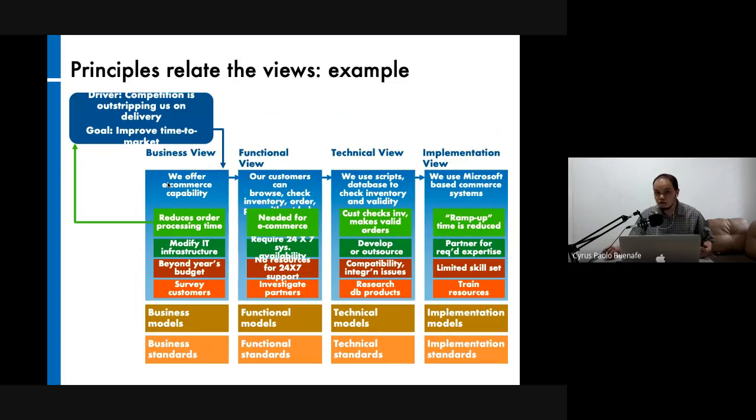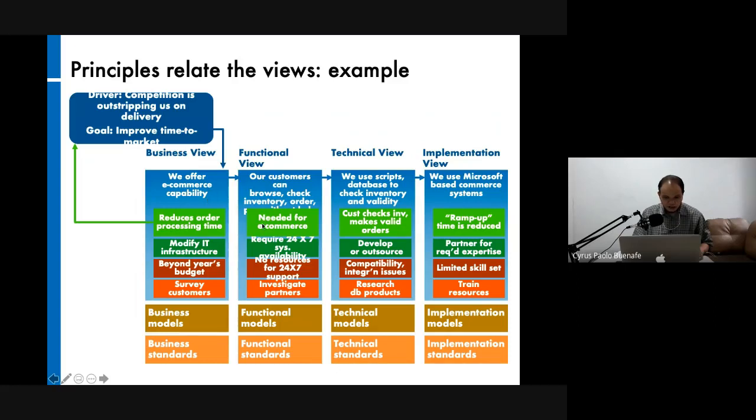What are the needed features? So our customers can browse, check inventory, order, and everything else related to customers. Why is that? Well, it's needed for e-commerce. So now you see here the rationale for the functional principle is actually based on the business principle.